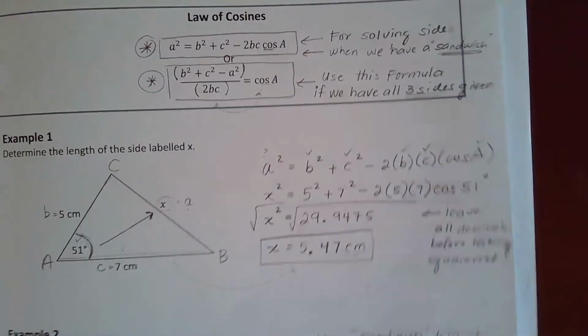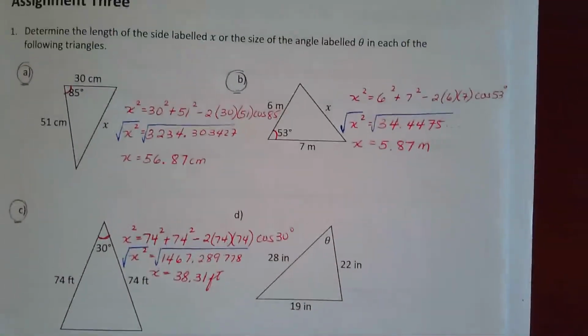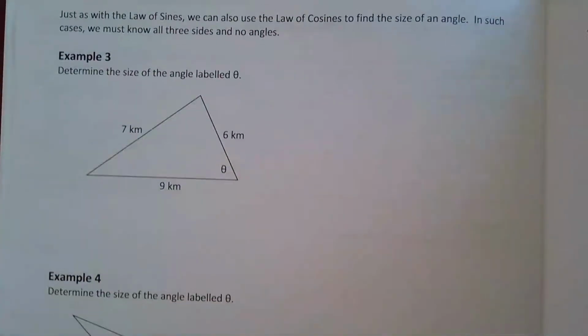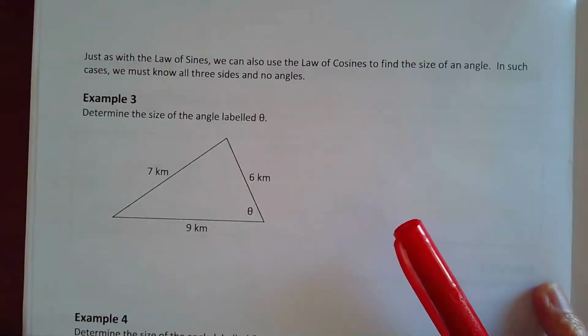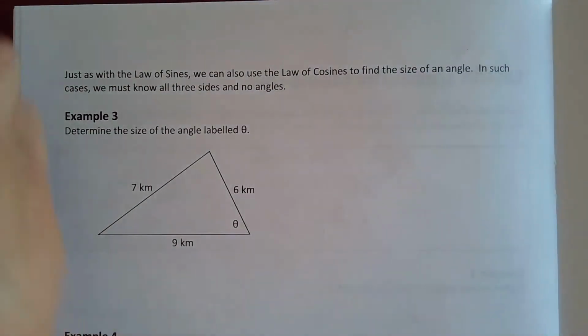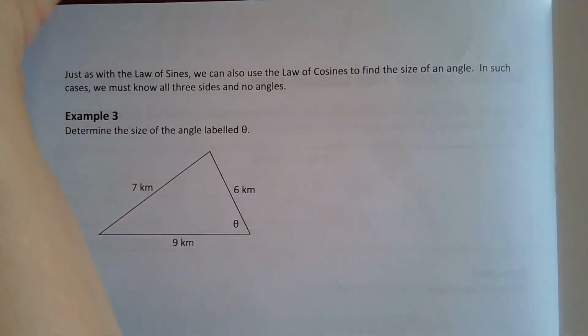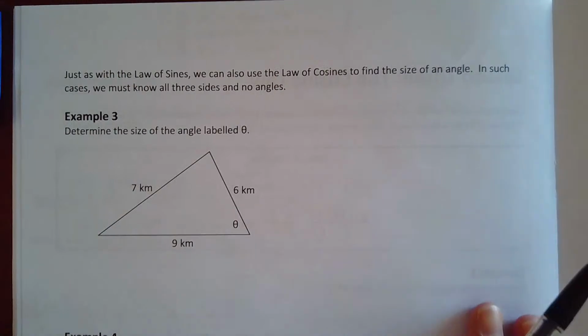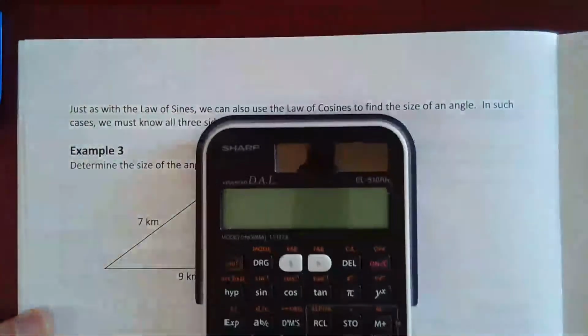I'm going to just jump right into the example because I've kind of talked about that one. So let's read it together first. Before I begin this example, we always have to make sure that we check our calculator.